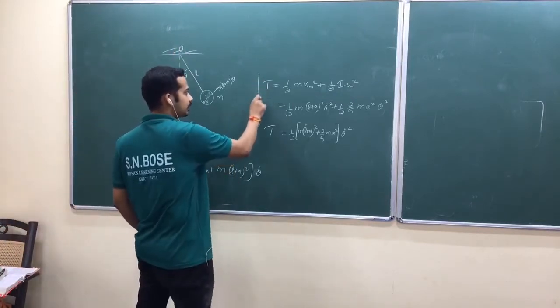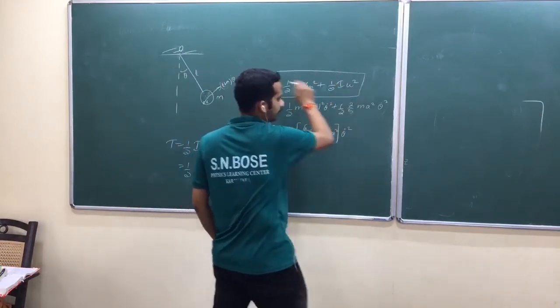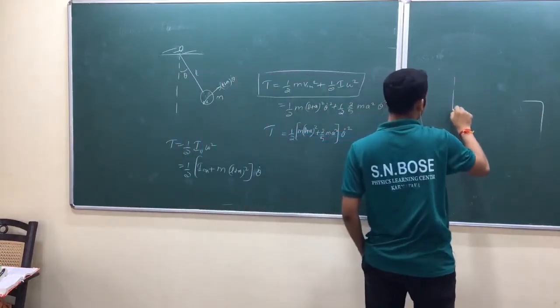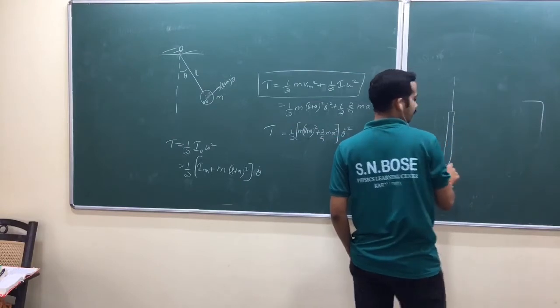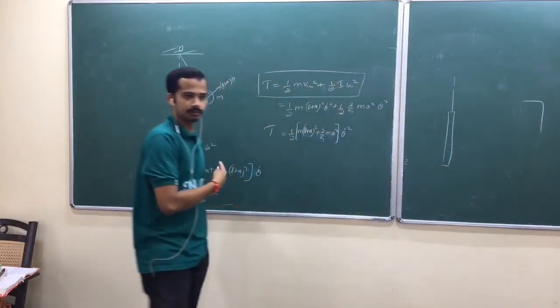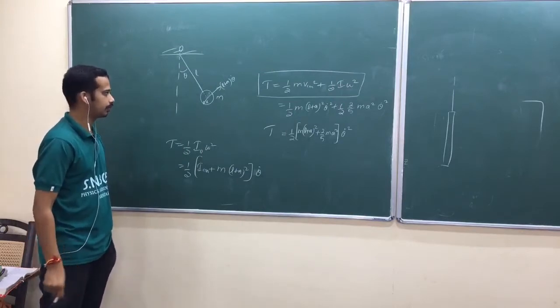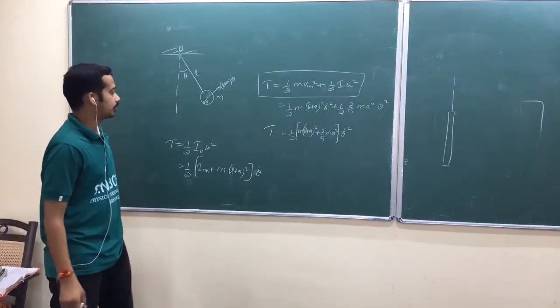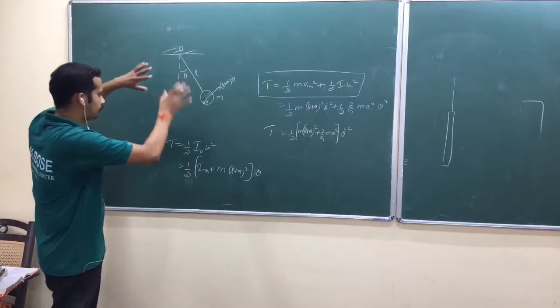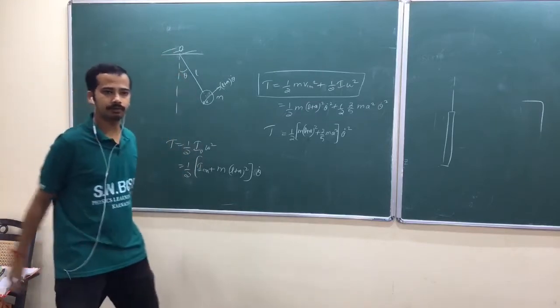But you need this technique too. In the problem that I had defined, with one thread and one rod, you need velocity of the center of mass and velocity about the center of mass. But in this case you can treat the whole thing as a rigid body, just like your compound pendulum.